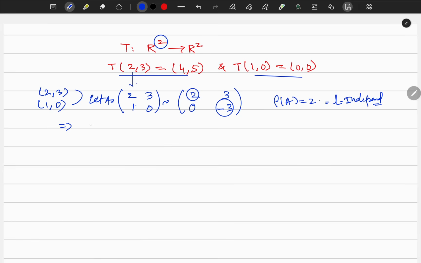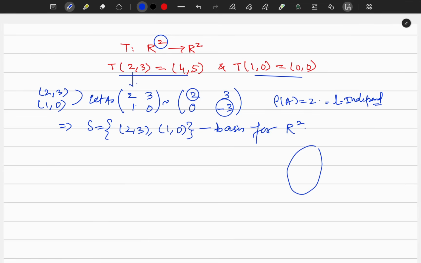So we can say that 2 comma 3, 1 comma 0 is a basis for R2. If it is a basis of R2, then every vector here can be written as a linear combination of these. So the vector will be in the form of x comma y.